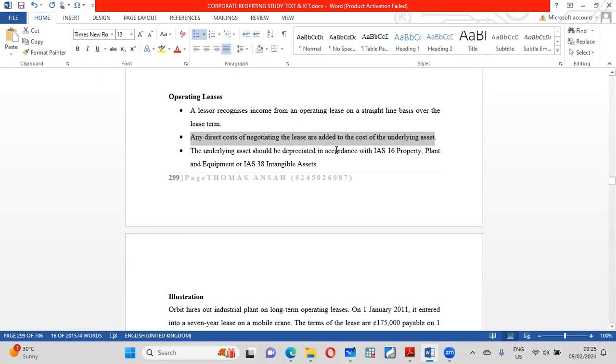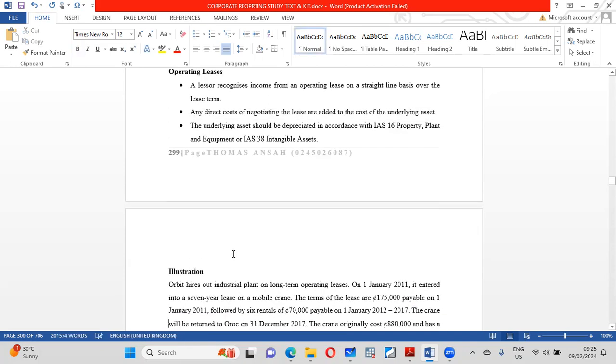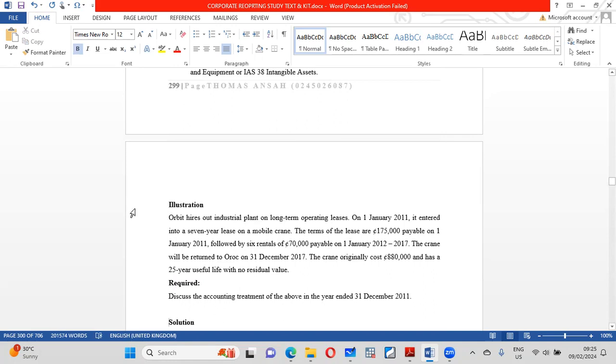The underlying asset should be depreciated in accordance with IAS 16, or if it is impairment, then in accordance with IAS 38. Now watch this. Orbit hires industrial plant on long-term operating lease. On January 1, 2011, it entered into a 7-year lease on a mobile crane.